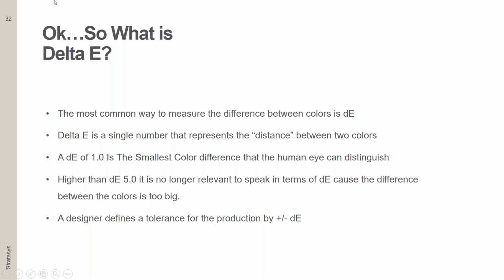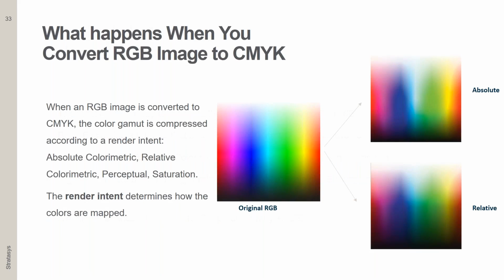So, what happens when you convert RGB images to CMYK? By converting, we use color profiles with the so-called rendering intent. A color profile has different ways of representing these colors to a specific material.